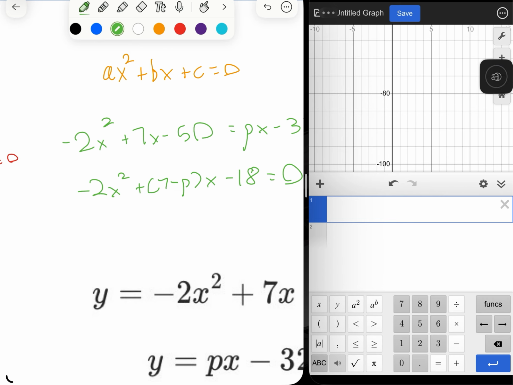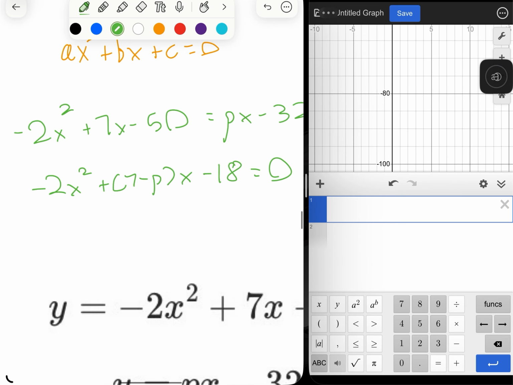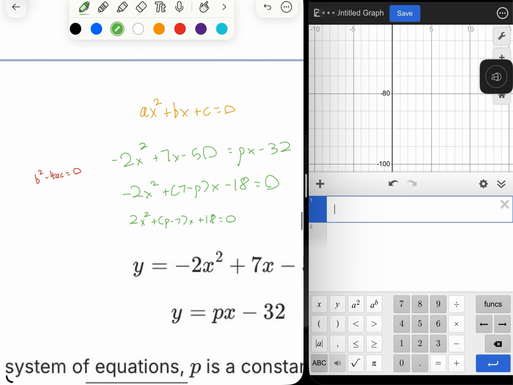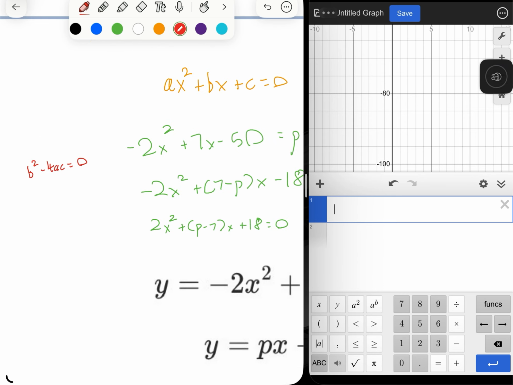Now, whenever you're finding a discriminant, you never really want negatives in your first term here. So I'm going to multiply by -1, and then this will become this. Let's apply the discriminant, b squared minus 4ac.